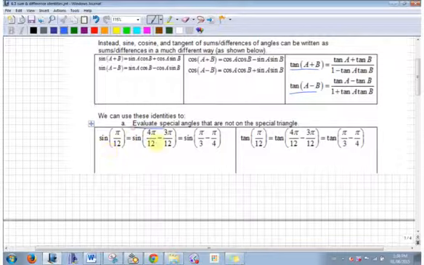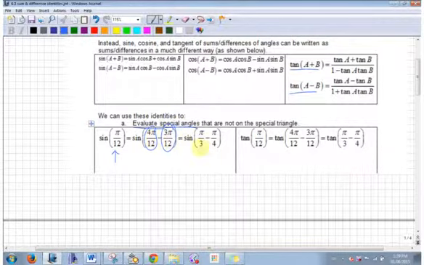So, evaluate a special triangle that isn't a special triangle. Could I break this thing up into some things that you guys are supposed to know? Like, pi over 12 would be the same as 4 pi over 12 minus 3 pi over 12. We all agree?